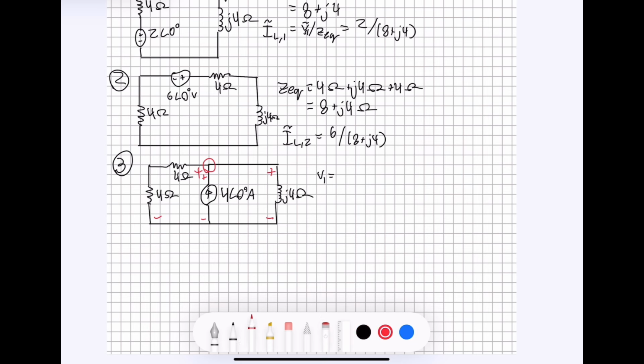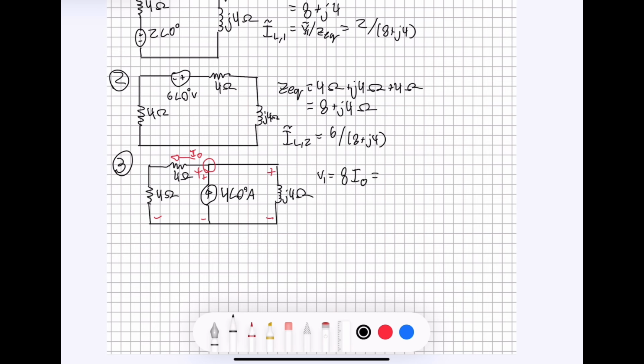I'm going to call the current coming out of this side I0. If the voltage drop can be found using Ohm's law, we know that the resistance here is going to be 4 plus 4, which is 8, times the current, which is I0.